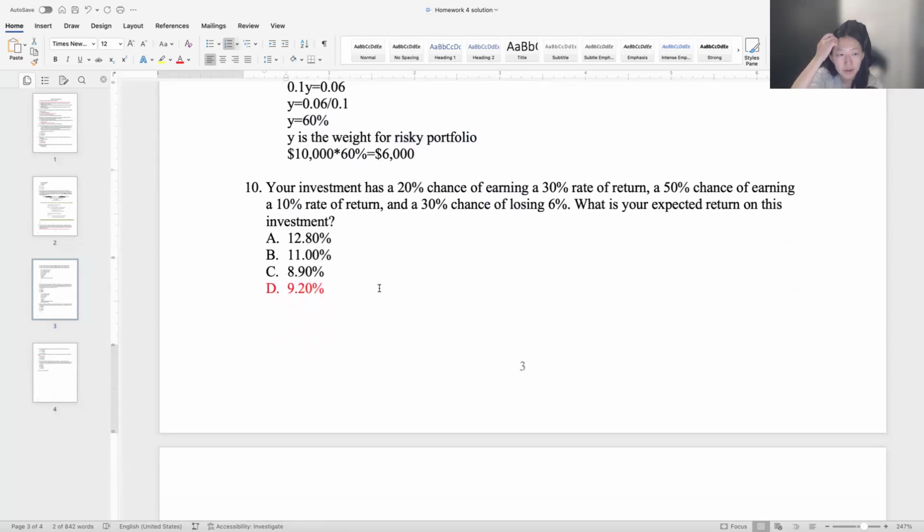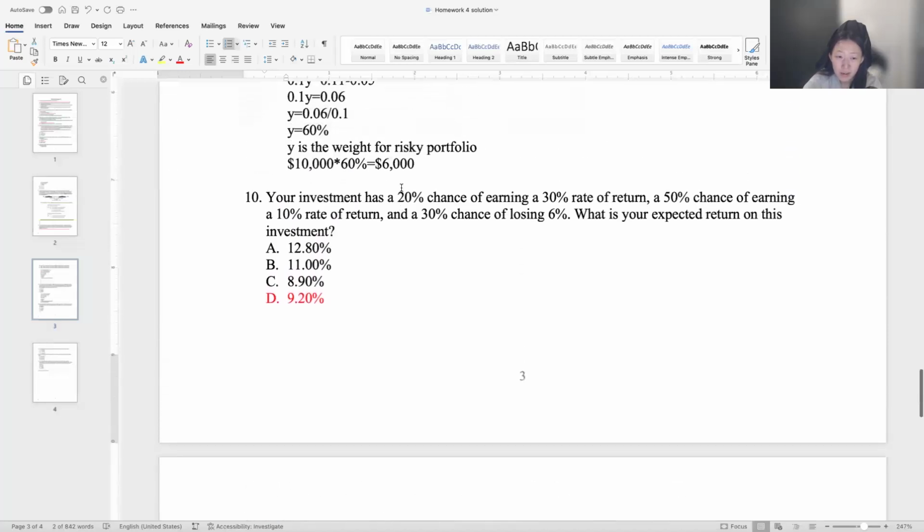And then next, your investment has a 20% chance of earning a 30% rate of return, a 50% chance of earning a 10% rate of return, and a 30% chance of losing 6%. What is your expected return on this investment? So then it's the weighted average. Very simple. We worked on it in our class Excel exercise.